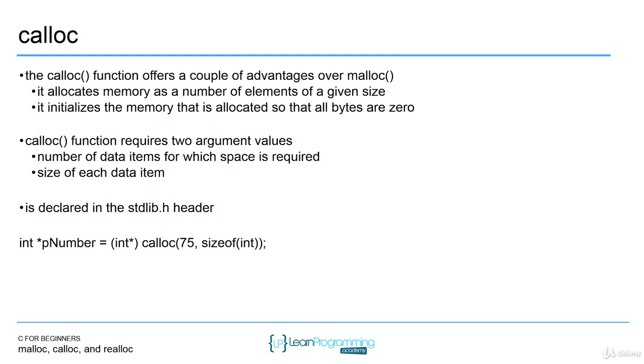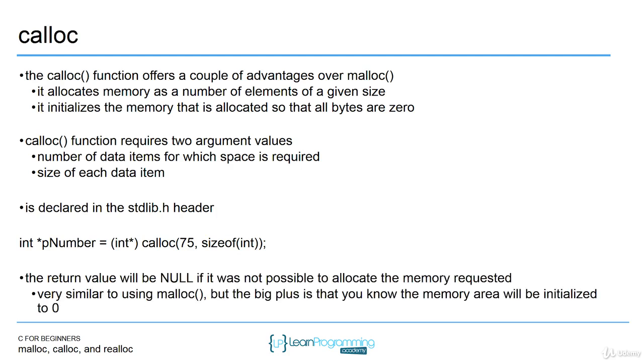So it takes two parameters. It's a little cleaner because you don't have to actually do a multiplication. In malloc, you had to do 75 times size of int. Here you just say 75. You're creating 75 ints, and the size for each int is 4 bytes, or whatever the system returns from the sizeof operator. But again, the significance of this is, it's going to initialize all that data as well.